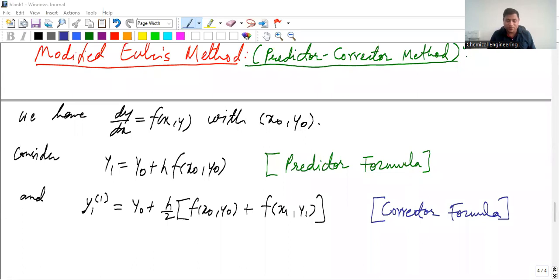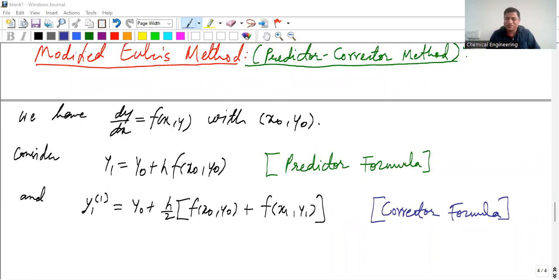The examples that I have taken, purposely I have taken so that you can verify how accurate the answer is. The first one is linear, the second one variable separable. But actually these methods are used when the analytic solution sometimes does not exist, so we solve it numerically.